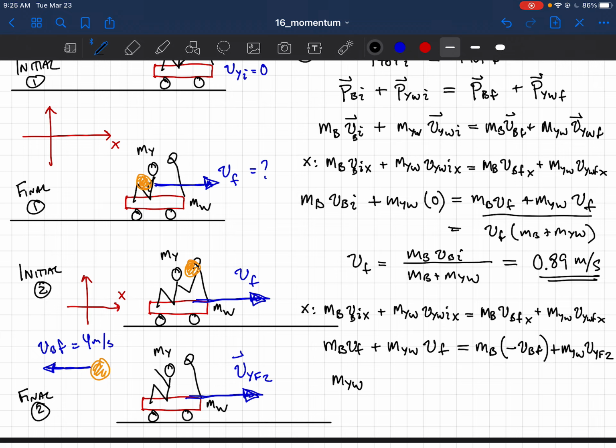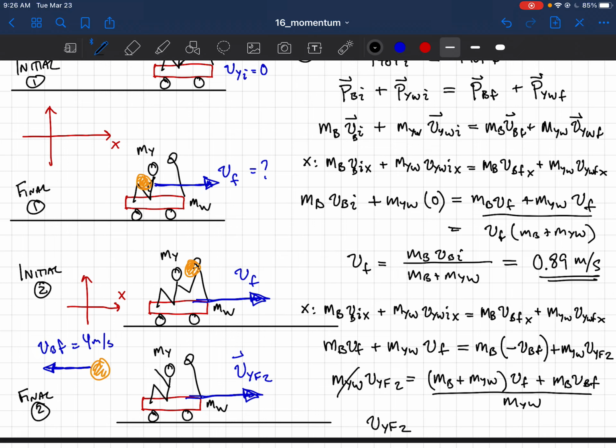So we have m_u+wagon times v_u final 2 is equal to m_ball plus m_u+wagon times v_final plus m_ball times v_ball final there. And then I can divide that whole thing by m_u+wagon to get v_u final 2.